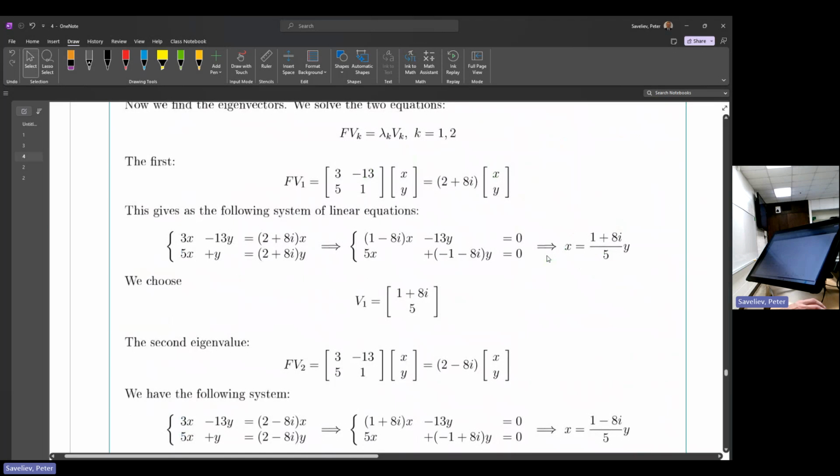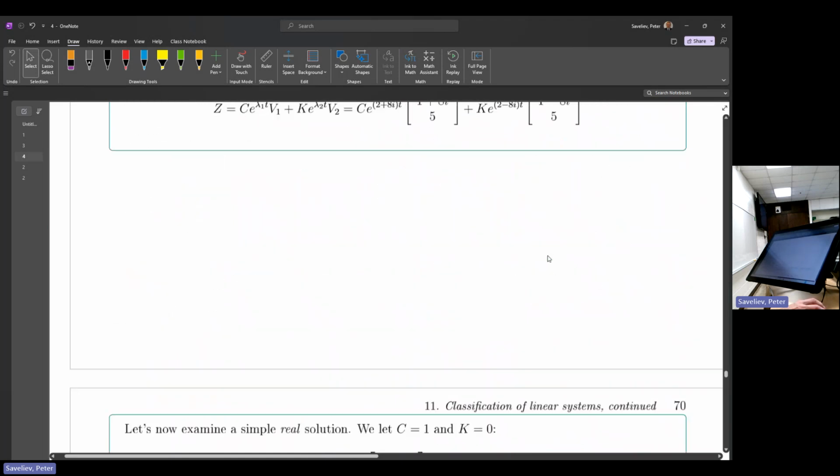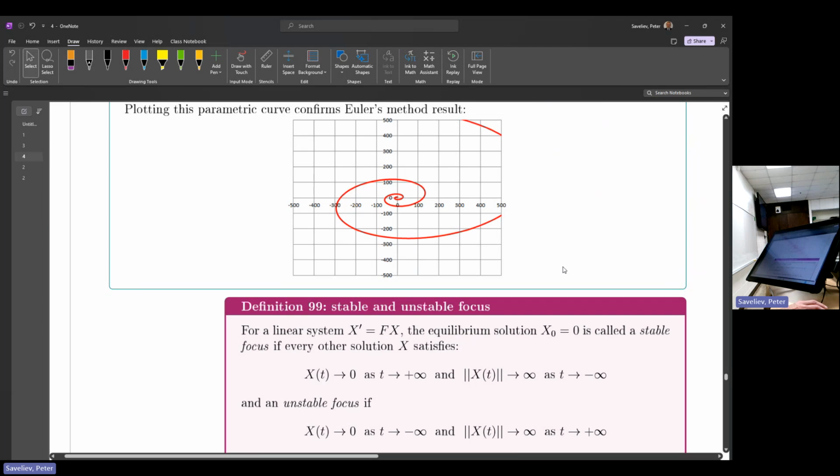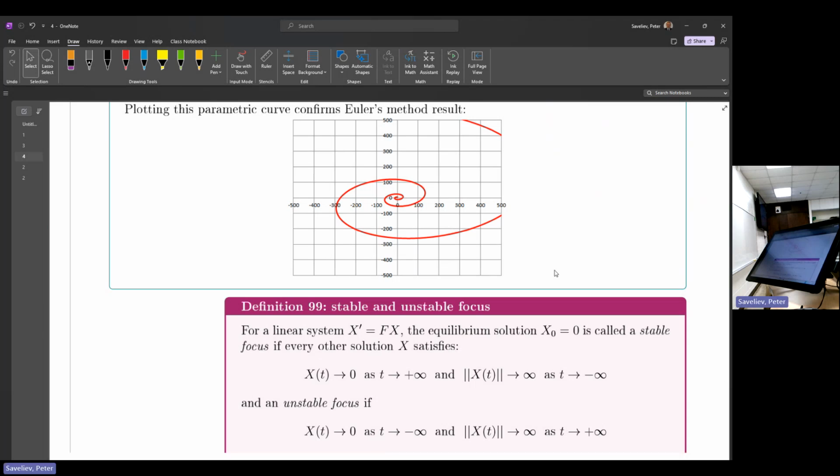Okay, so once again, I'm skipping quite a few details, as a matter of fact, and just getting to the classification. So once again, the spiral either approaches the origin or runs away from the origin.